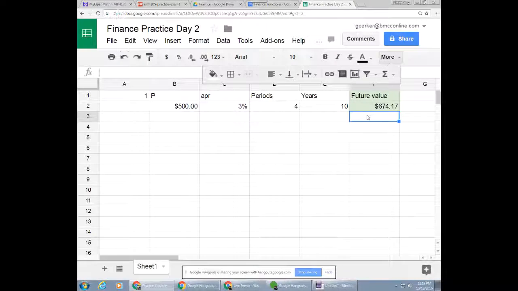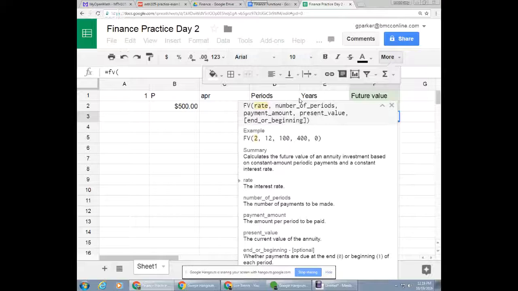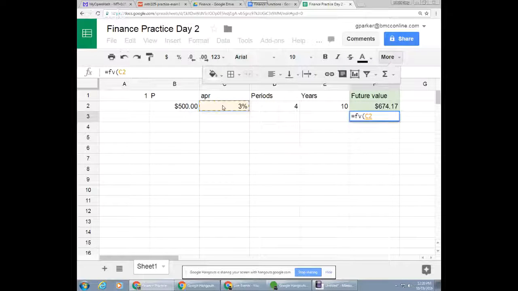Future value function, I would type equals, it says FV, and Google recognizes, yeah, you want to do future value of some investment, okay? It says, what's your rate? So I come over here and I click on my rate. Now the trick about the rate is all of these functions in the spreadsheet don't want the APR, they want the periodic rate. How do I change the APR to the periodic rate?